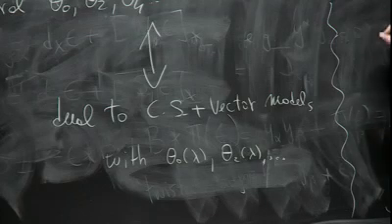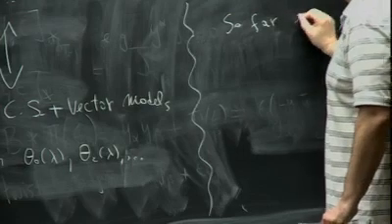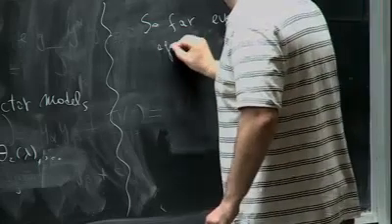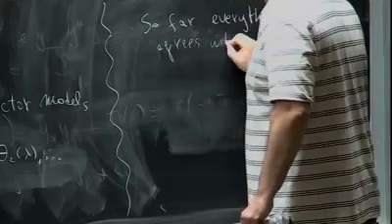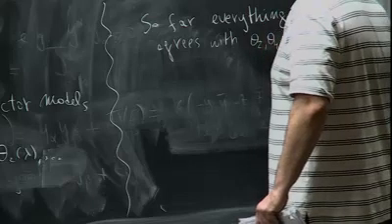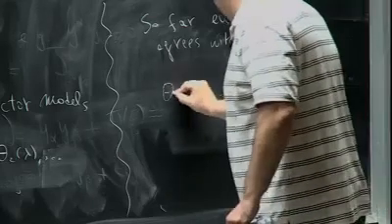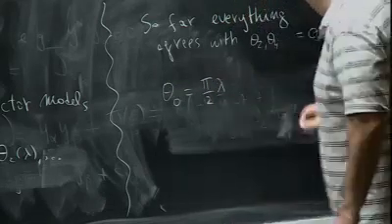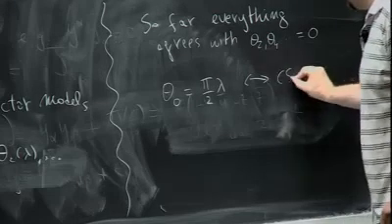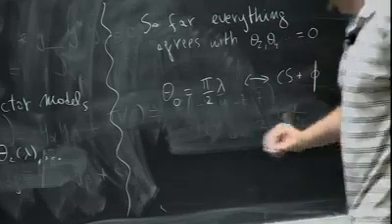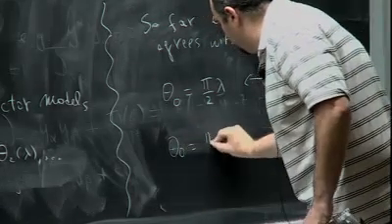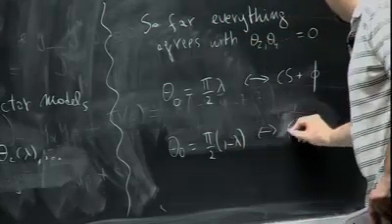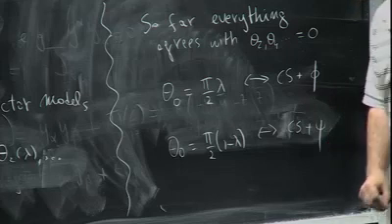What is true is that so far everything agrees with theta 2, theta 4, and so on equal to 0, and theta 0 equal to pi over 2 times lambda in the case of Chern-Simons plus scalar, or theta 0 equal to pi over 2 times 1 minus lambda in the case of Chern-Simons plus fermion.